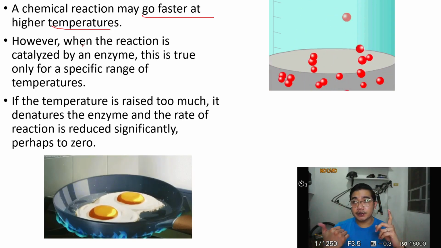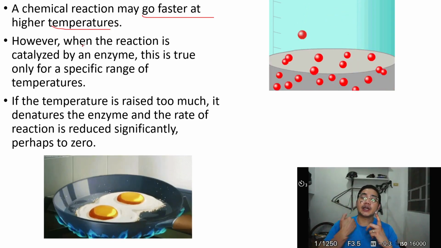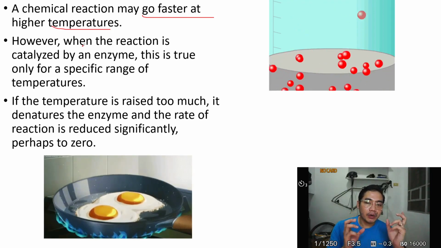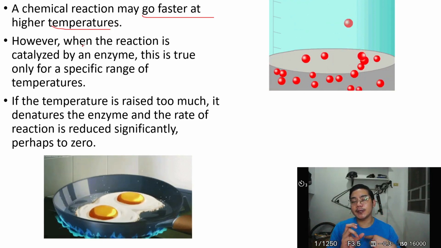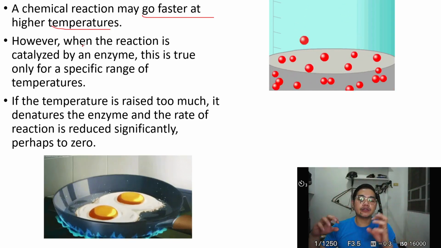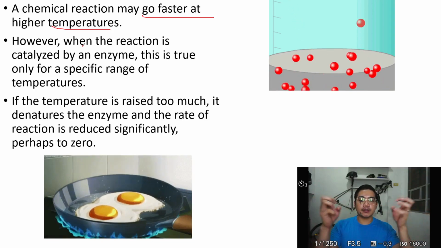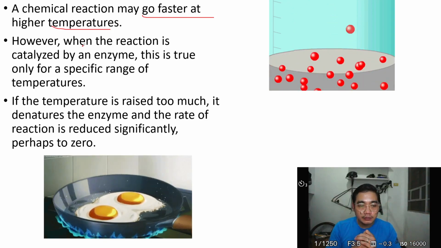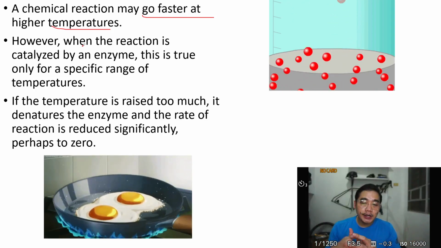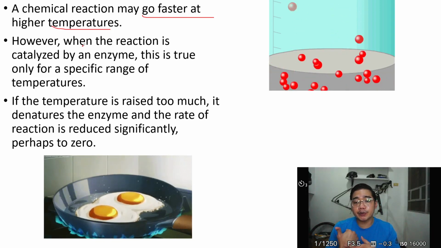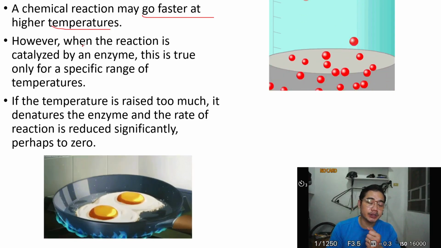Now, with enzymes, if you add heat, remember that your enzyme is also a molecule. It's also affected by heat. So it rapidly moves around the solution, thereby increasing its chances that it will bind to a substrate. But like I said earlier, your enzyme is a protein, and proteins are prone to denaturation.